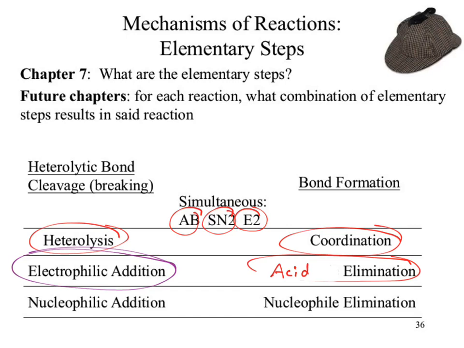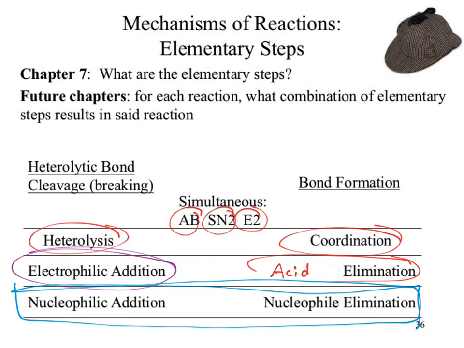Electrophilic addition. There is no unit 5. So guess what all of next semester is? Really, those 2 in combination with everything above it, looking at different levels of detail and getting into more specific reagents that force those things to happen.